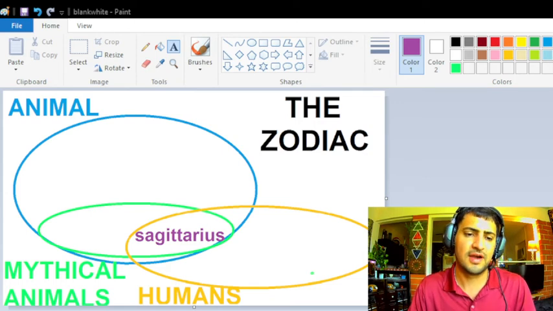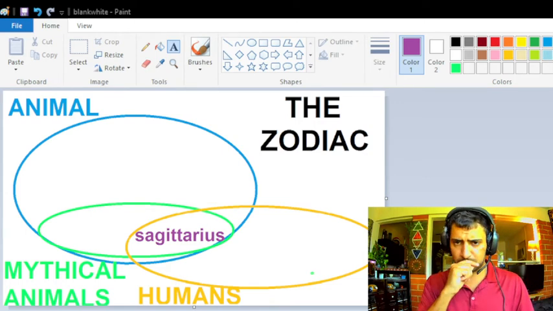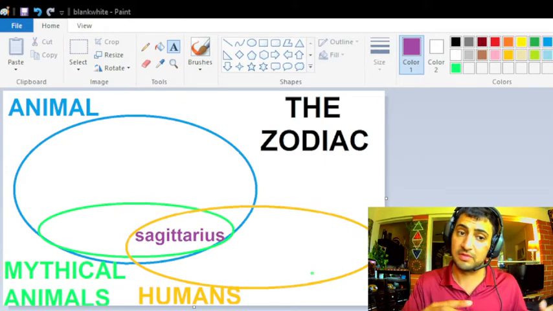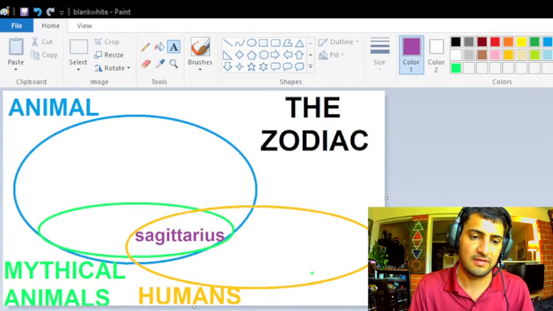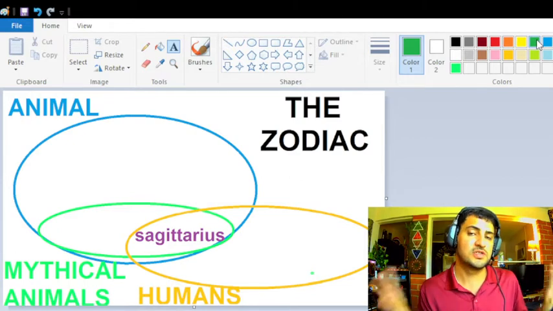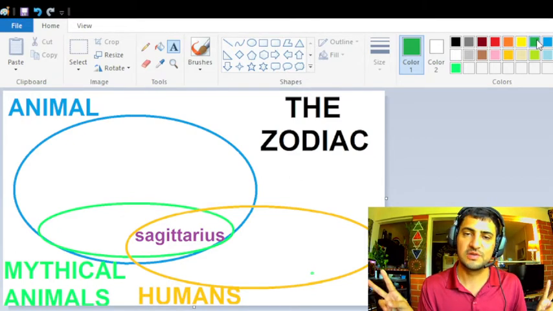Okay, but I did leave a blank. I left an intentional blank between mythical animals and animals, so that implies there is another mythical animal that is not human, and that is correct. Does anyone know? There are only two mythical creatures in the zodiac.